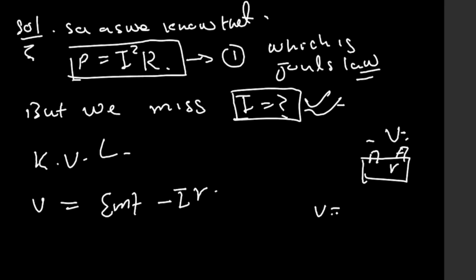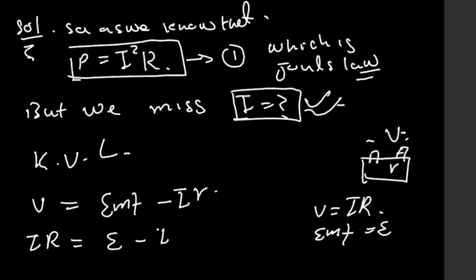Here V equals IR and the EMF is E, so IR equals E minus I times r. When we add this term on both sides, we get IR plus I times r equals the EMF of the battery.